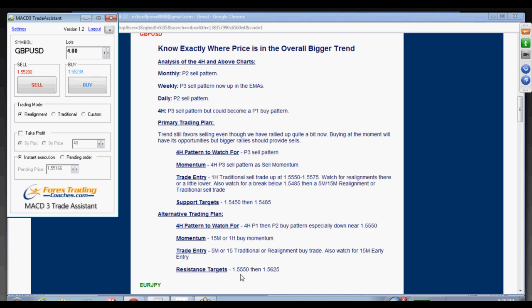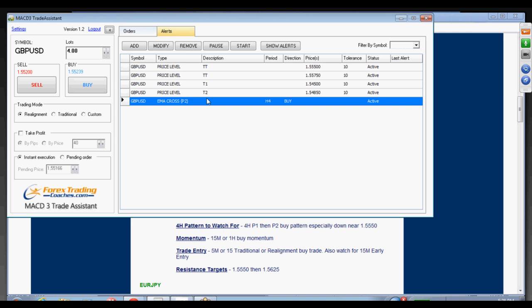So the resistance target on this is 1.555 going the other direction. So we have that as a traditional trade right here.